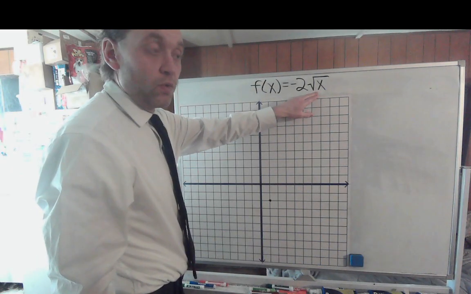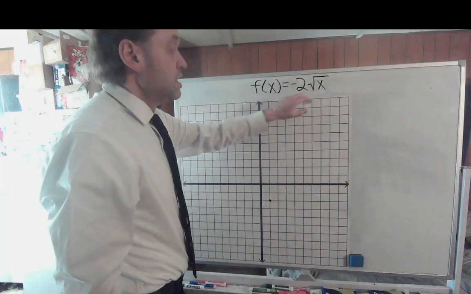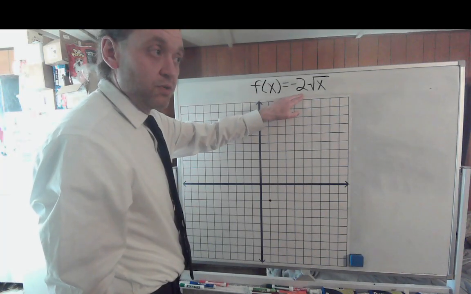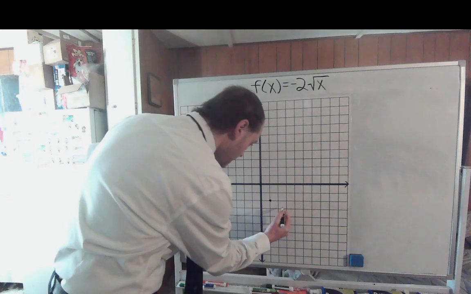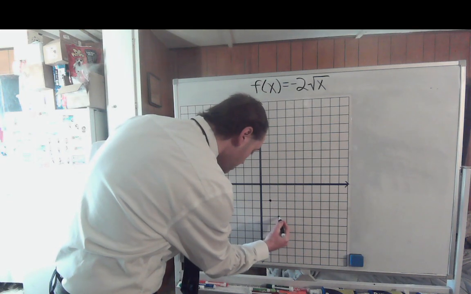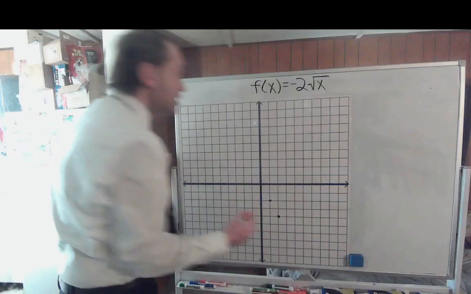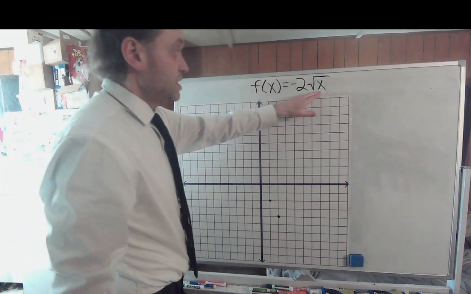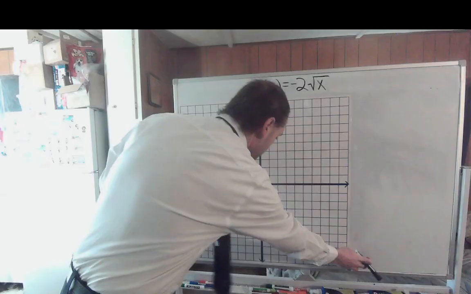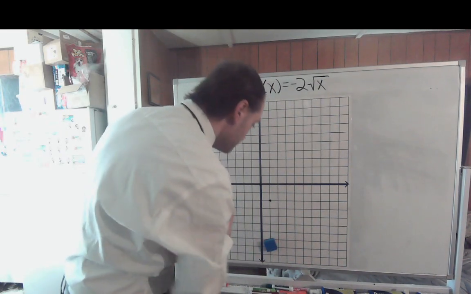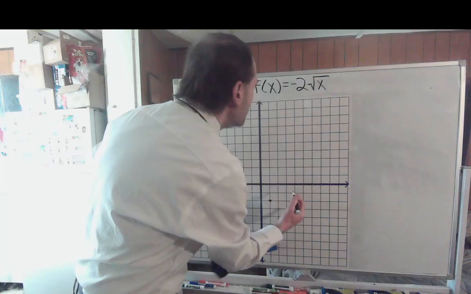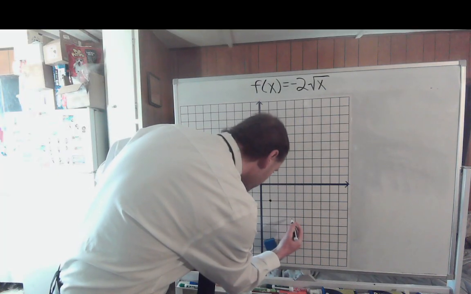Well, square root of 4 is 2, right? 2 times negative 2 is going to be negative 4, which will go right there. All right, then how about when x is 9? Whoops, I said 4 is negative 2. Dang it. No, 4 is negative 4. Gosh, I can't even count today.